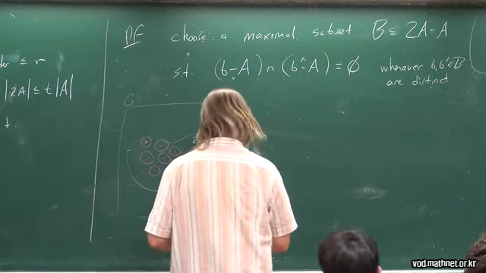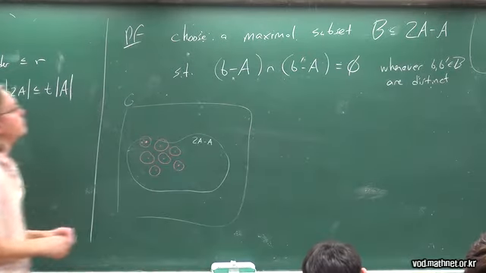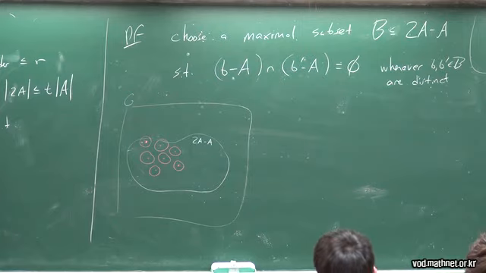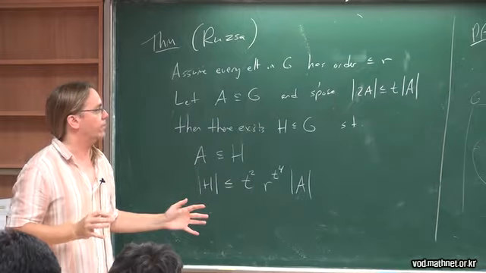It's a ball packing argument, and the nice thing is that ball packing arguments are good at getting you a rough idea of what the structure of the set is.